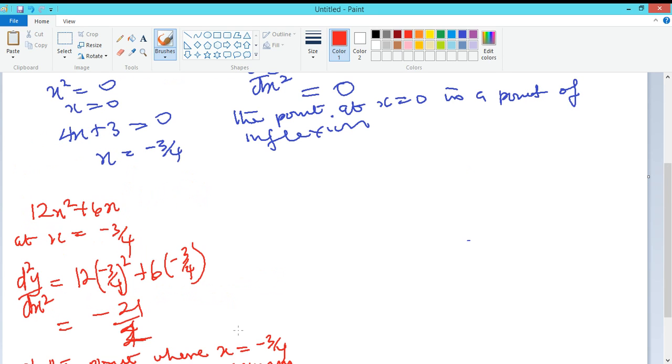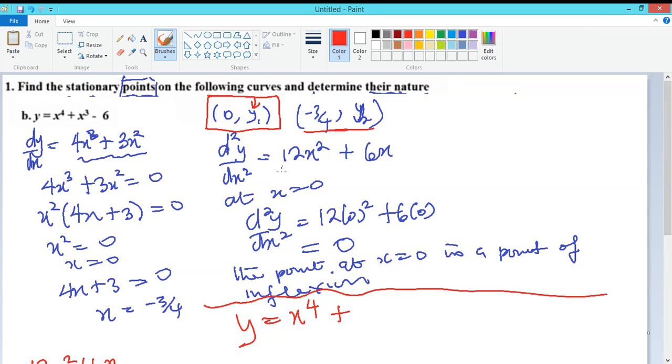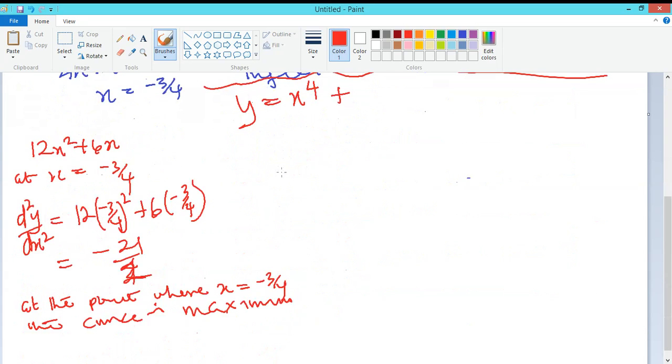Then let's now calculate the corresponding values of y using the original equation. The original equation is y is equal to x to the power 4 plus x cubed, then minus 6.